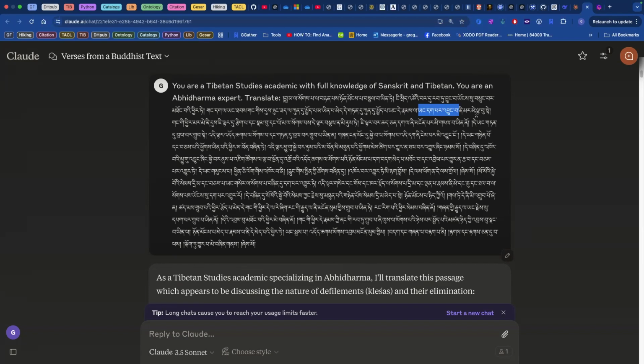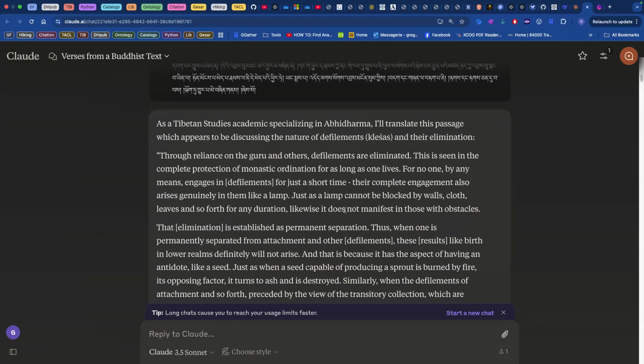The syntax is a bit complex because there are things you have to make sense of, like the 'gong gi phyir', why is that there, 'de ltar', and then you have the semantic level, where we have a metaphor about a lamp. Right after that, is compared to what is happening in that sentence.